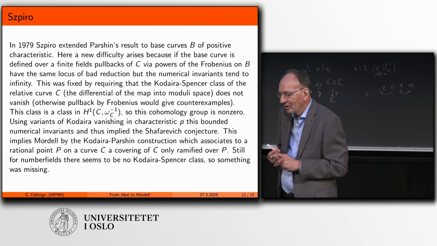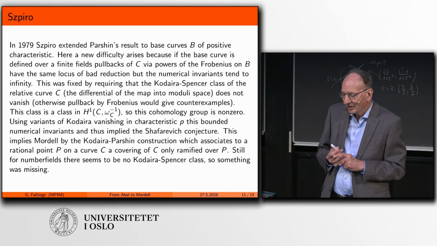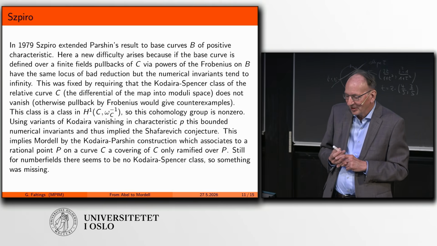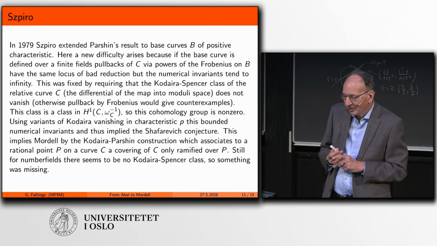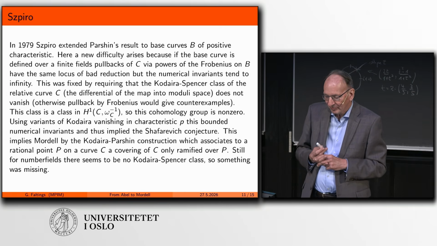So he had to eliminate Frobenius by the so-called Kodaira-Spencer class, which meant that the curve is non-constant, or non-isotrivial.